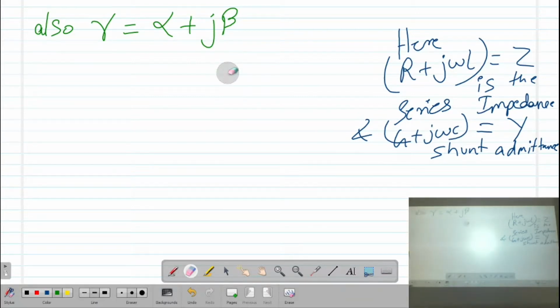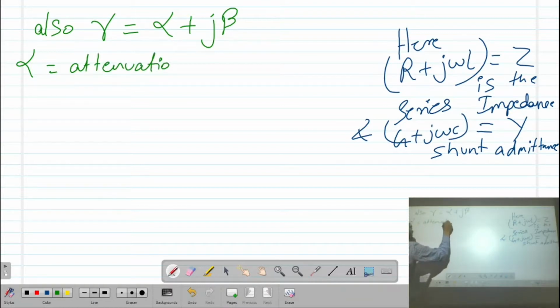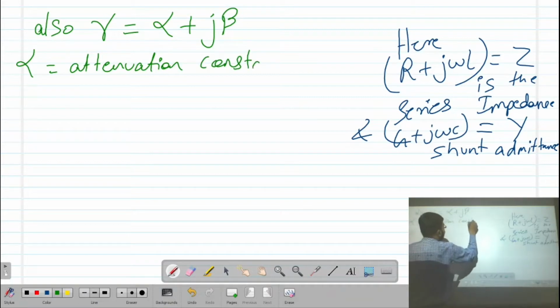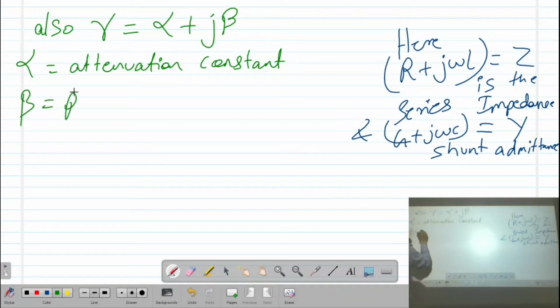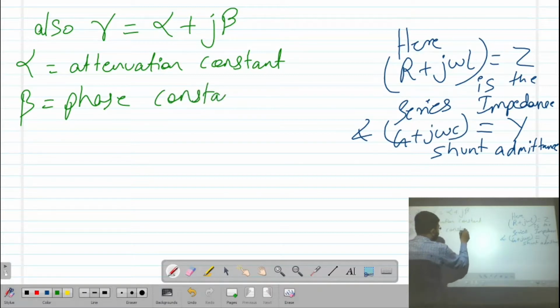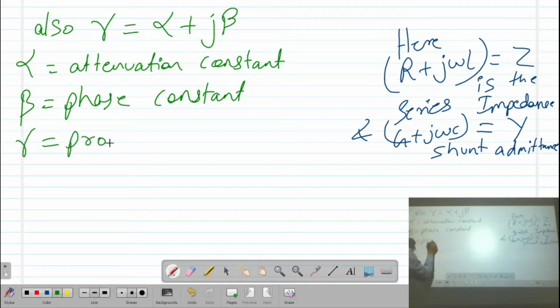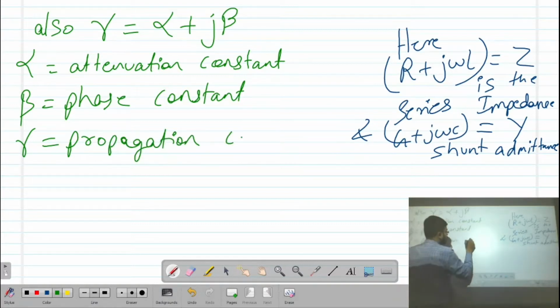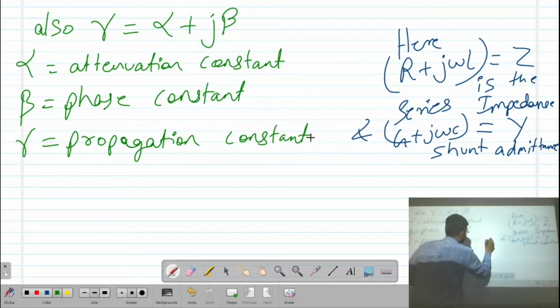Where alpha is nothing but the attenuation constant, beta is nothing but the phase constant, and gamma is equals to the propagation constant. Gamma is nothing but the propagation constant.